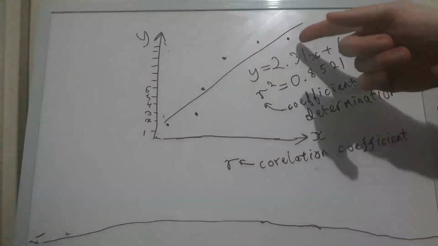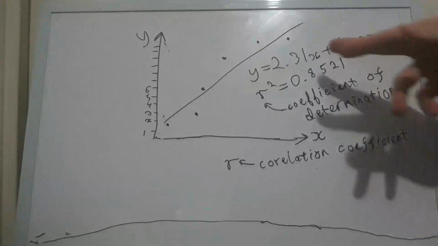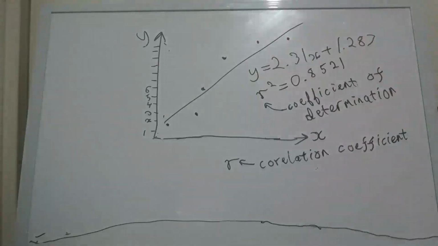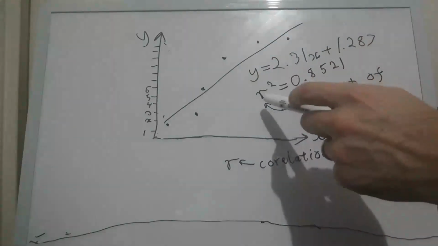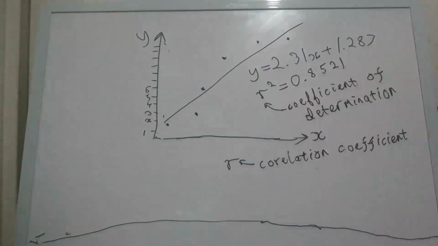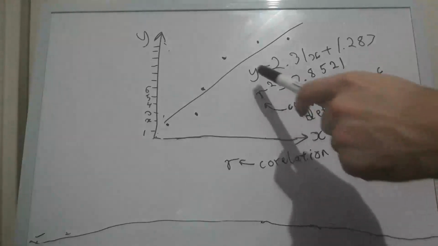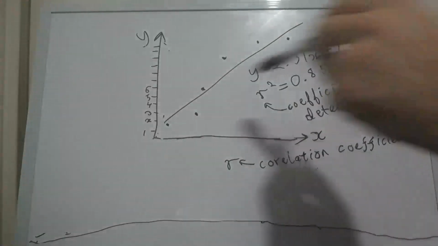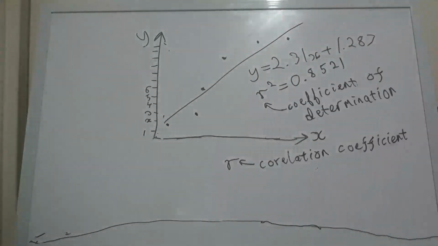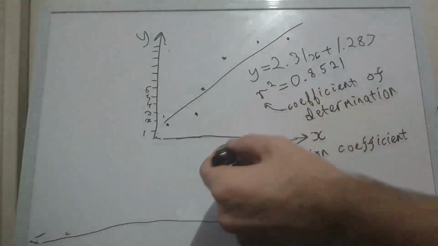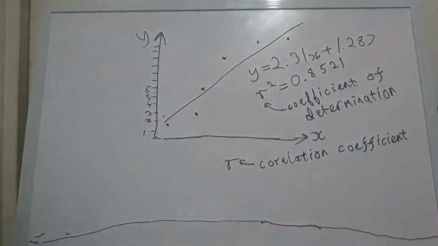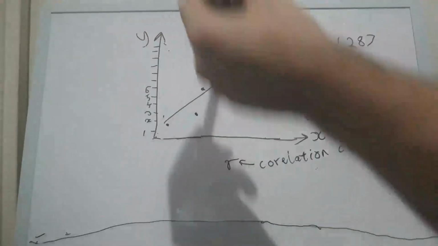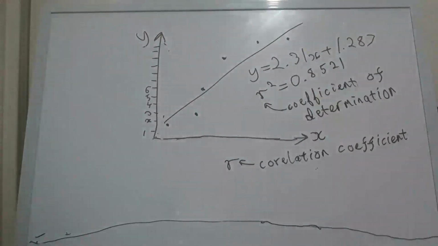So let's say the biggest x value here is 8. You can put an x value of 10 into that equation, and you'll get a y value answer out of it. But your coefficient of determination, or your r squared, will tell you how well this equation, or this line, explains the data that you've got here, or how well it explains the relationship between your x values and your y values, or how well your equation predicts what your y values will be based on what your x values are.